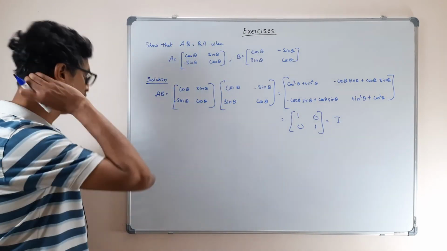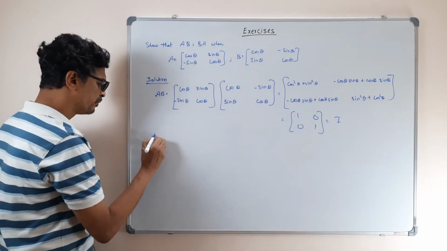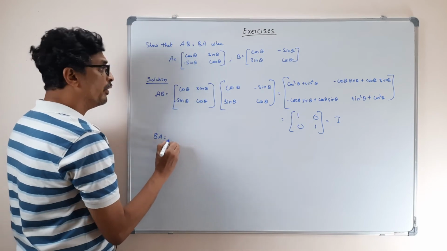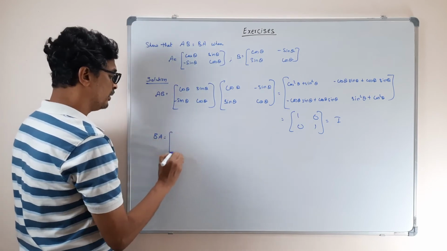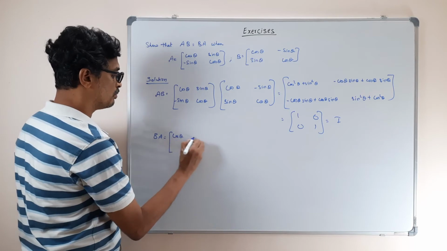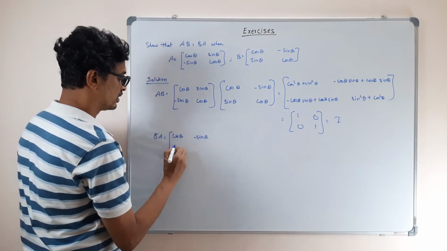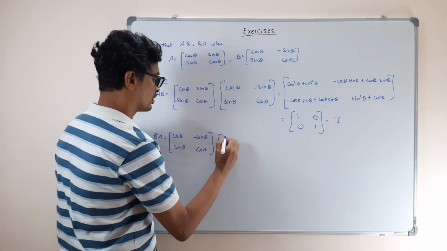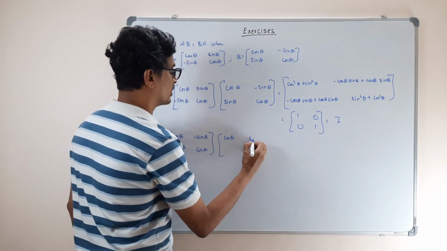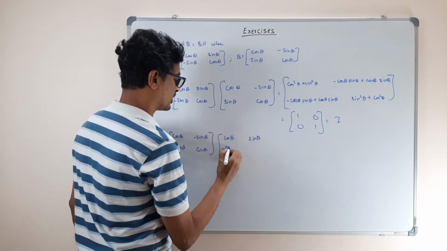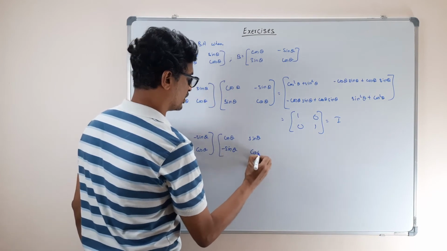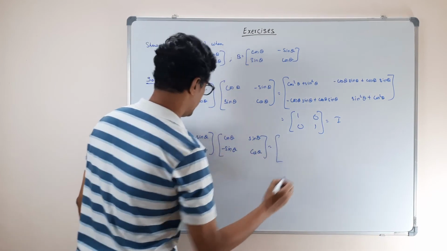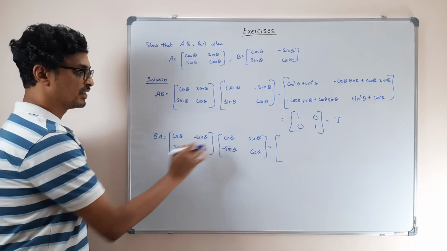Okay? And let us do it for BA. What is BA? Tell me. Cos theta, minus sin theta, sin theta, cos theta, into cos theta, sin theta, minus sin theta, cos theta. That will be the same, right? Cos square theta plus sin square theta.